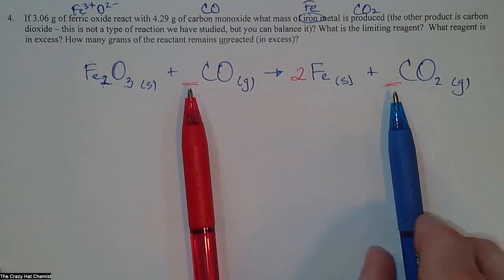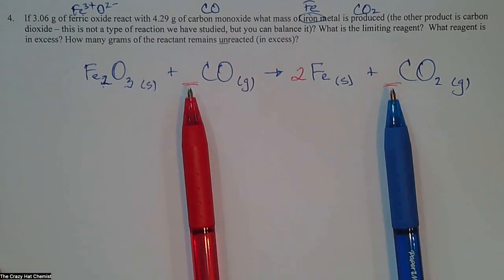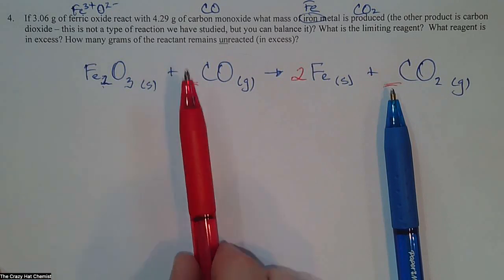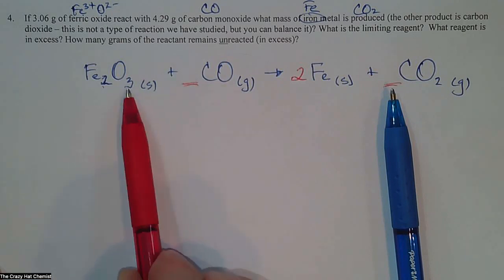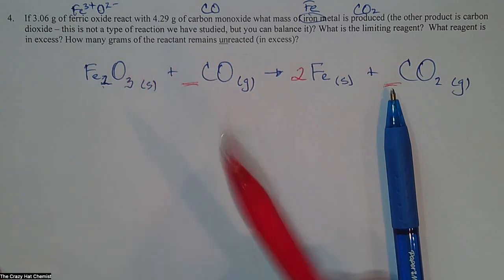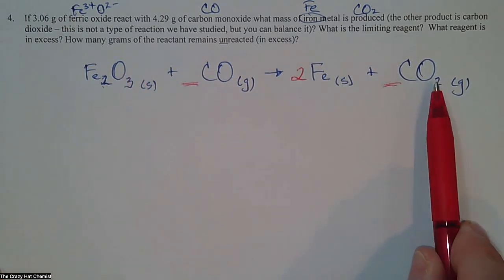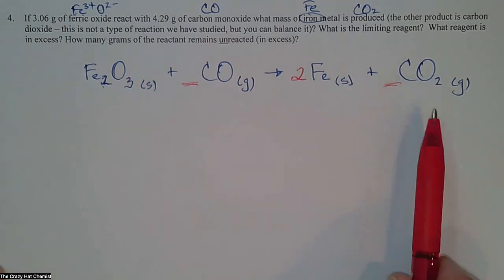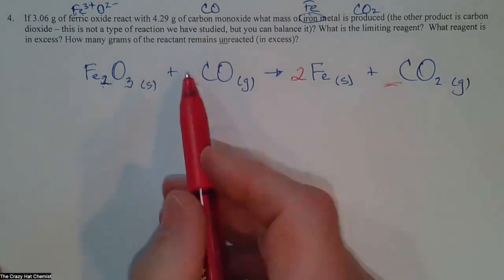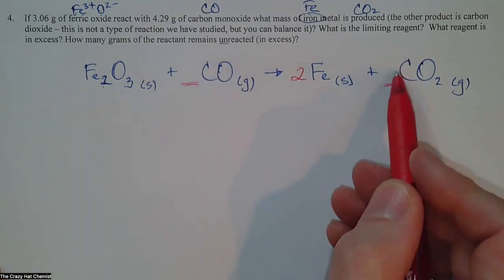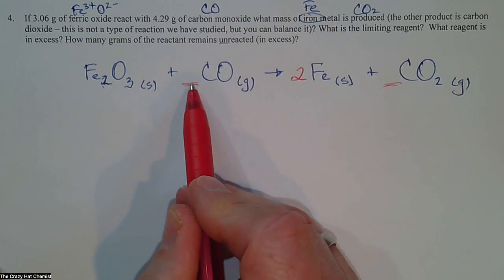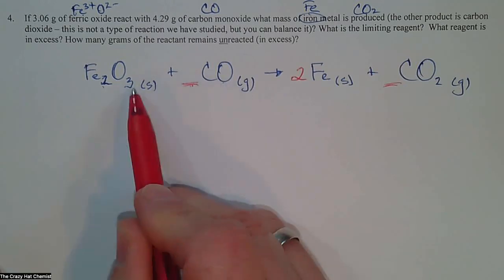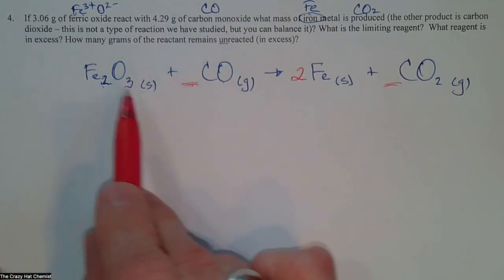If there's a 1 here and a 1 here, then the carbons are balanced, but now we're going to check the oxygens. If this were a 1, then I have 1 plus 3 oxygens, so 4 oxygens. And if this were a 1, then I have 2 oxygens. So 4 and 2, that's not balanced. I'm going to try the next number, which is a 2 and a 2. If there's a 2 in front of the carbon monoxide, I would have 2 plus 3, that's 5 oxygens.